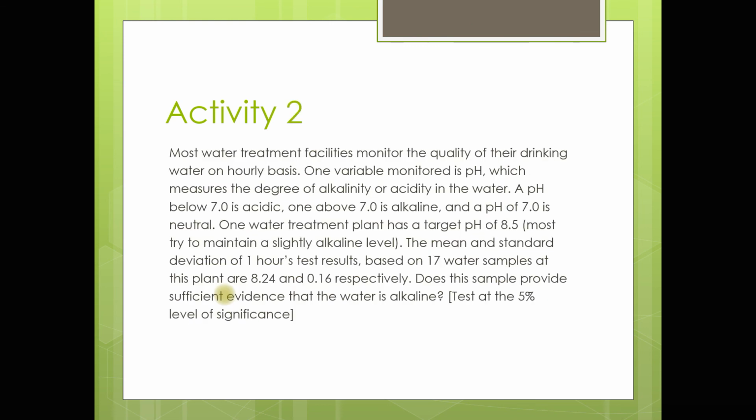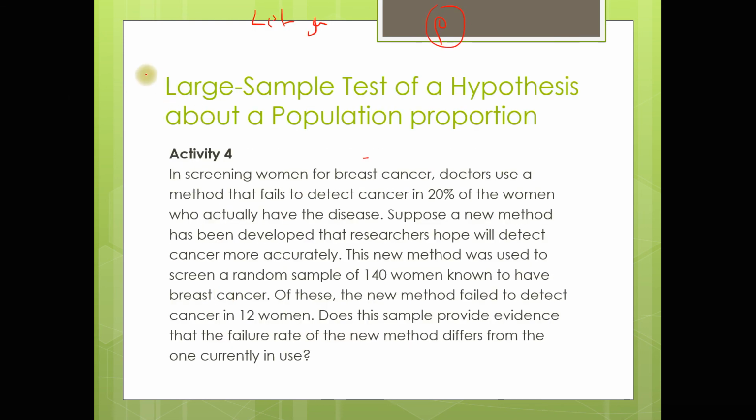The null, H naught, is such that mu b minus mu g equals 0.